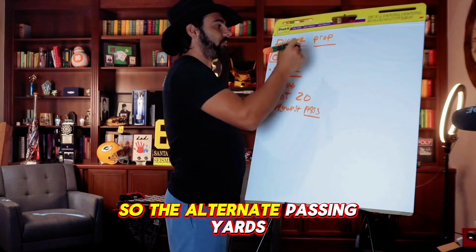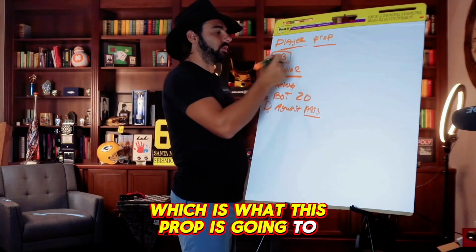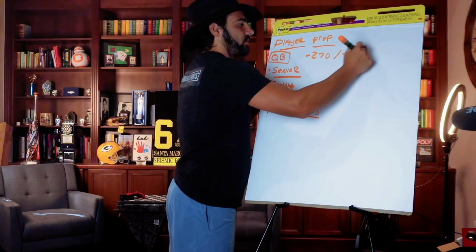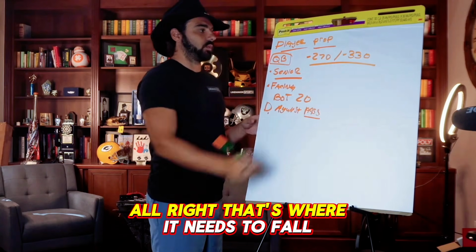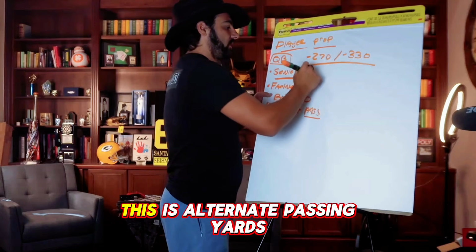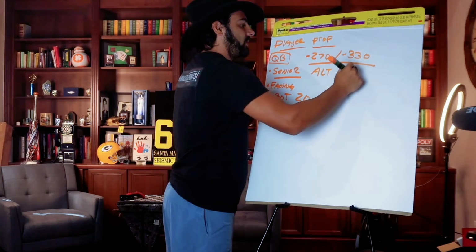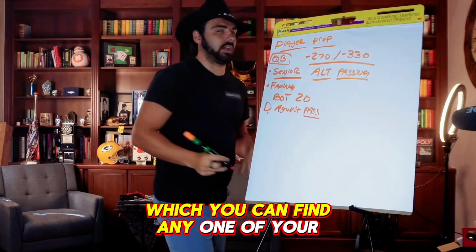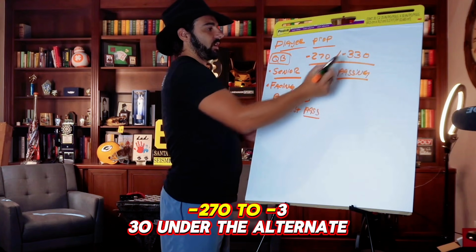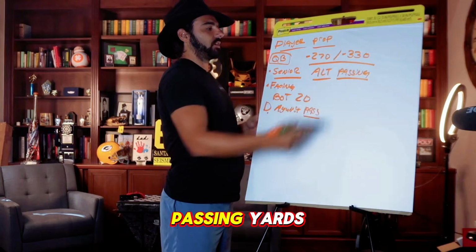So the alternate passing yards, which is what this prop is going to be, needs to fall in the category of minus 270 to minus 330. All right. That's where it needs to fall. And again, this is alternate passing yards, which you can find at any one of your major sportsbooks. Need to be in the range of minus 270 to minus 330 under the alternate passing yards.